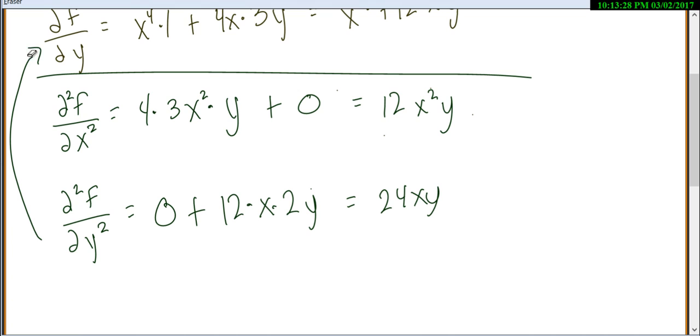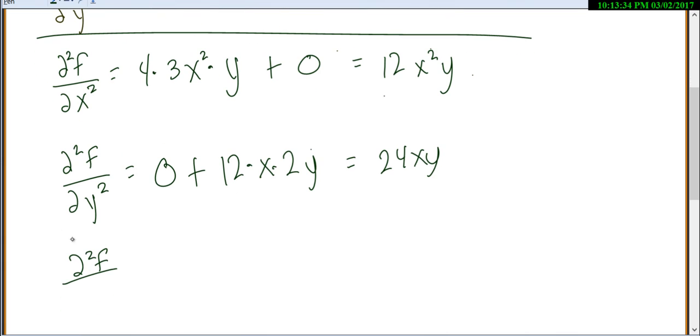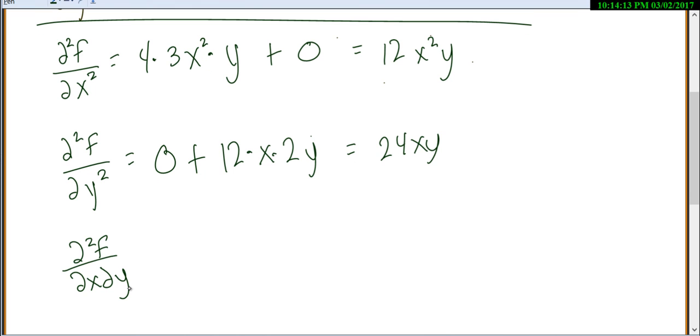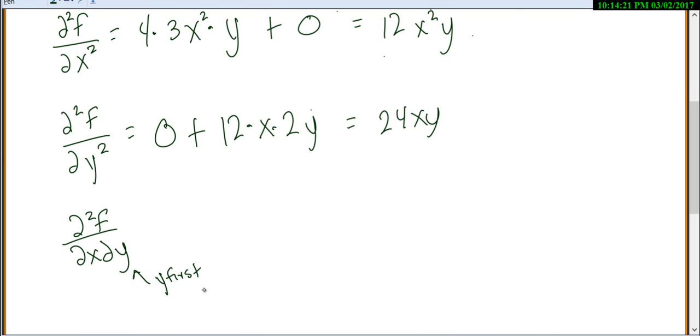Now the mixed partial derivatives. So the second partial, but this one says partial x, partial y. These are the ones where you actually have to remember which one you do first. This means do the y first, and then x.